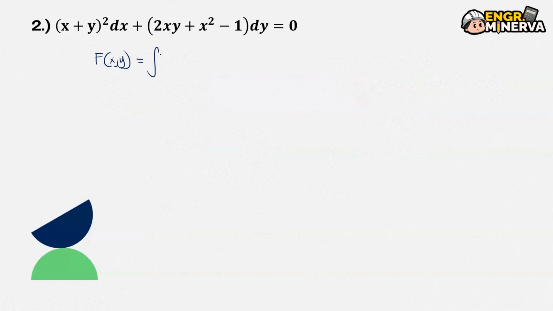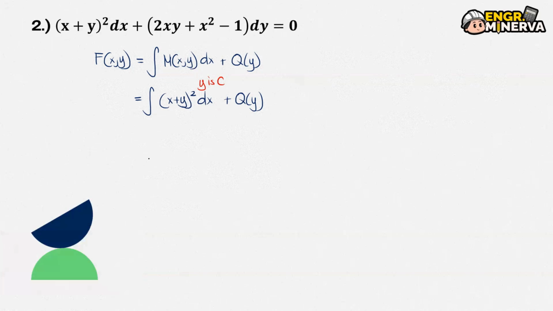That would be equal to the integral of M as a function of x and y dx plus a function of y. That would be the integral of (x plus y) squared dx plus a function of y. Again, since we are integrating with respect to x, y is constant.